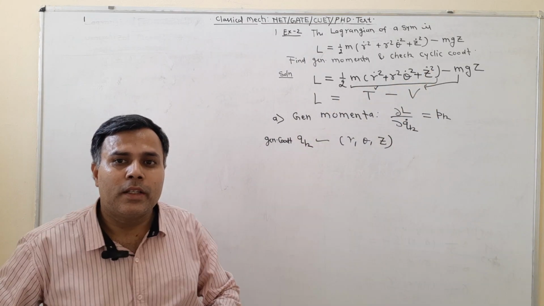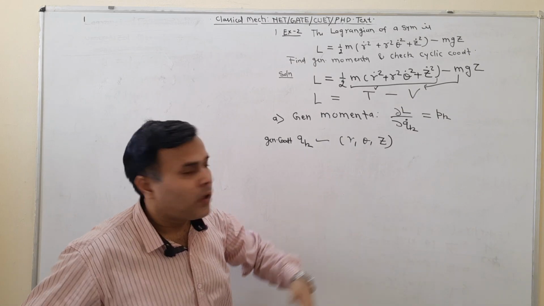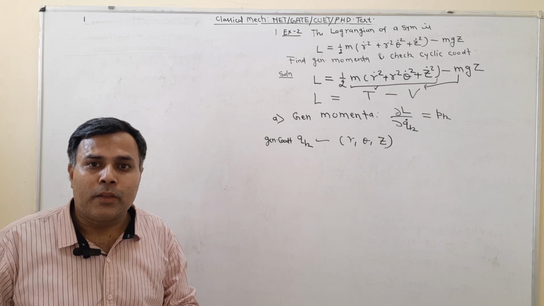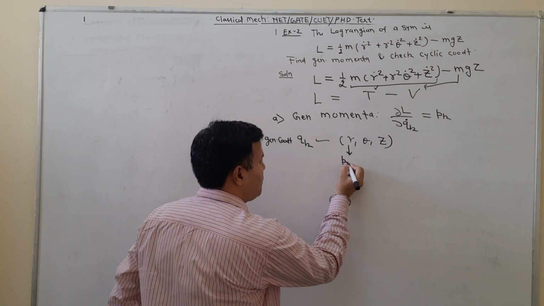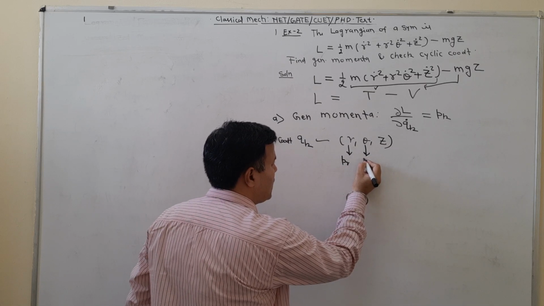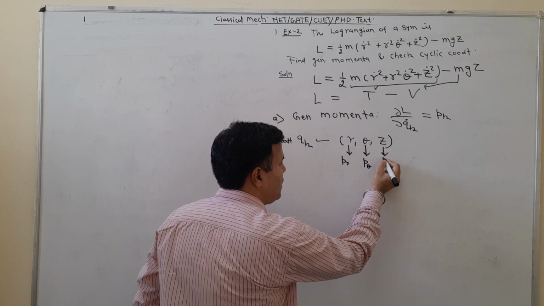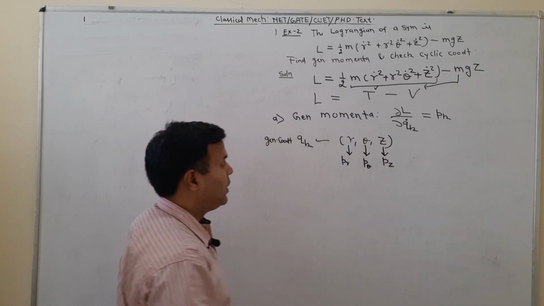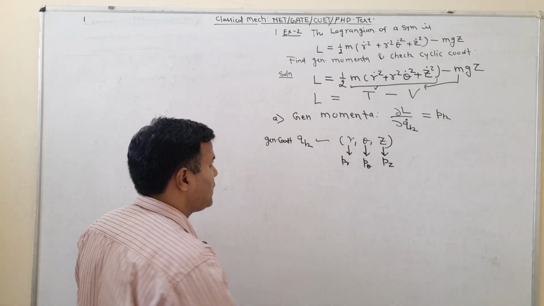So we have three different generalized coordinates, and correspondingly three momenta: corresponding to r we have p_r, corresponding to theta we have p theta, and corresponding to z we have p_z, the generalized momenta.